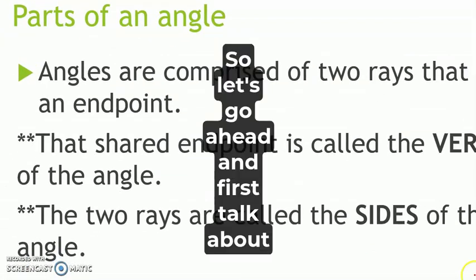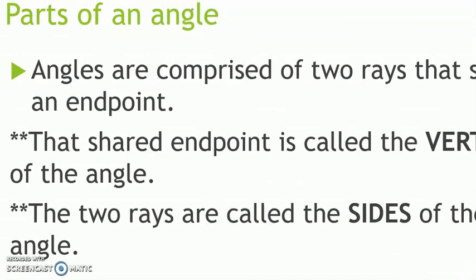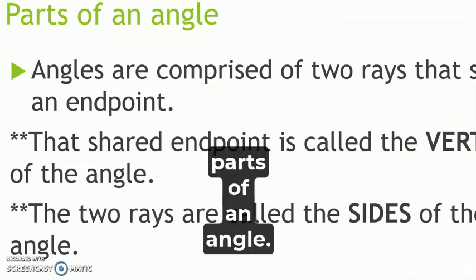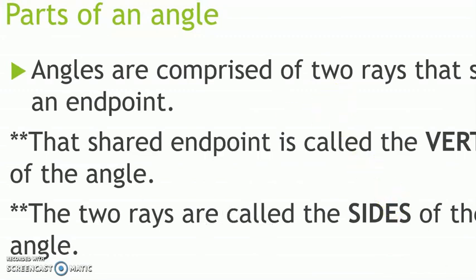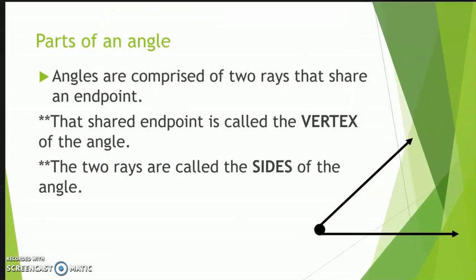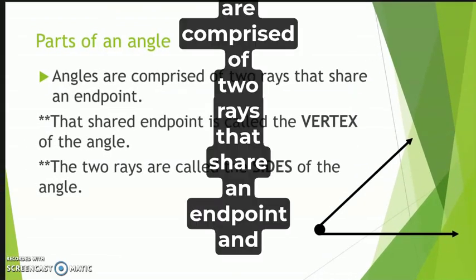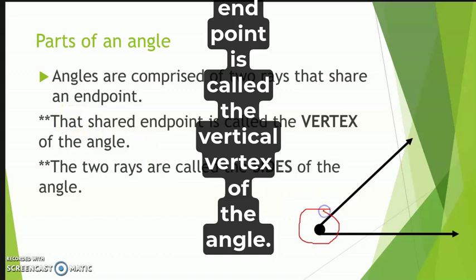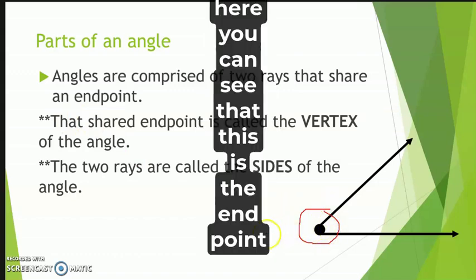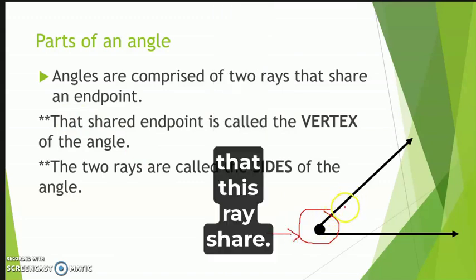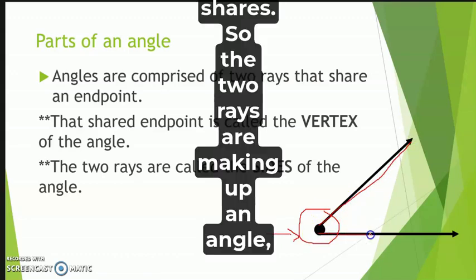So let's go ahead and first talk about parts of an angle. Angles are comprised of two rays that share an endpoint, and that endpoint is called the vertex of the angle. So right here you can see that this is the endpoint that this ray shares and this ray shares.